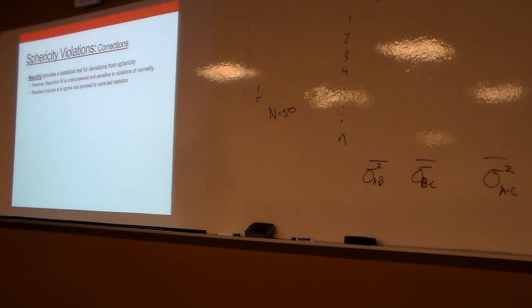Would that just make it more likely that you would get a type 2 error? That's true from a practical standpoint, so yes, absolutely right. But from a practical standpoint, I have a test of sphericity, and the problem is my test of sphericity is underpowered. What is that likely to lead to?